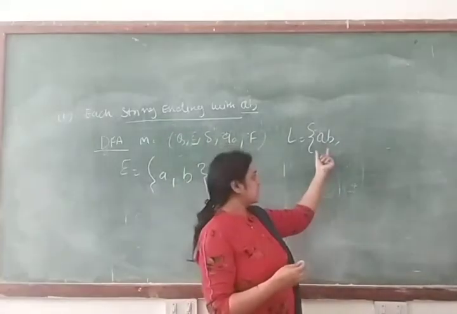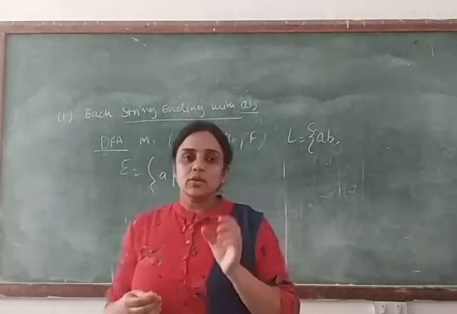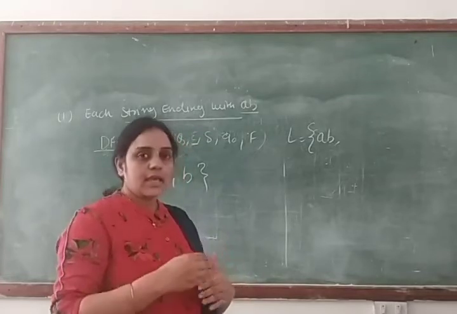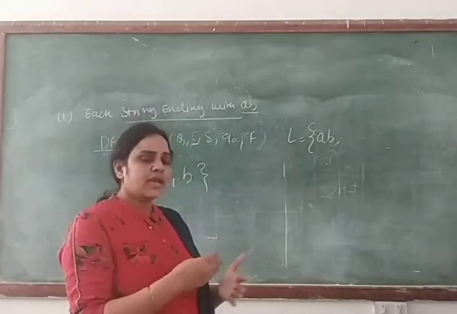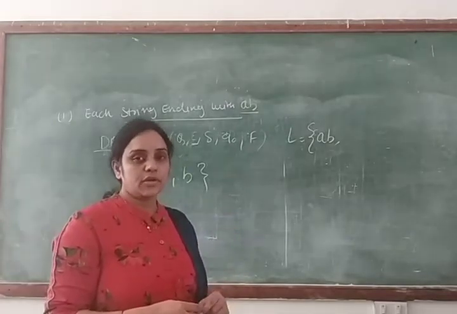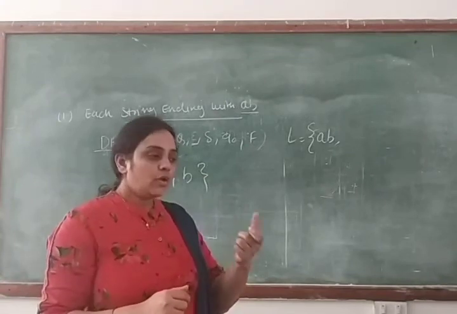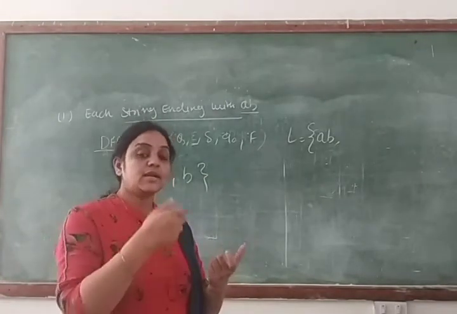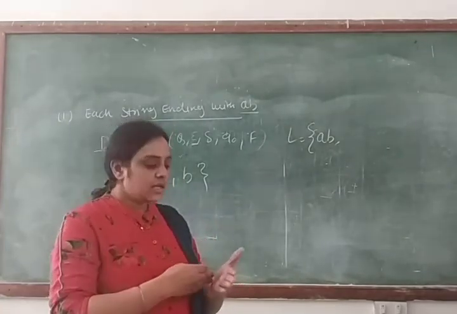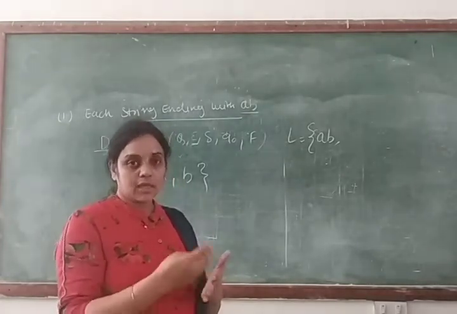This is your two length string. Clear? Now there could be other two length strings too: AA, BB and BA. Can you get this type of string in your example? No, you cannot, because the condition is that your string should end with AB and you have a two length string, which is the smallest length string. So you cannot make the string AA because it does not end with AB. BB again does not end with AB. Clear?